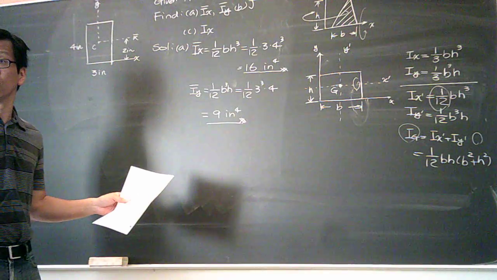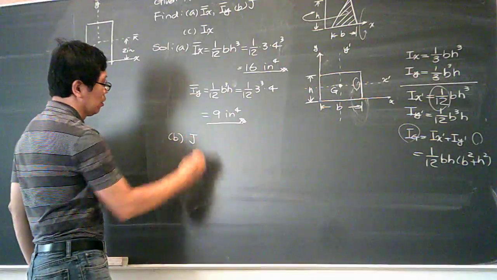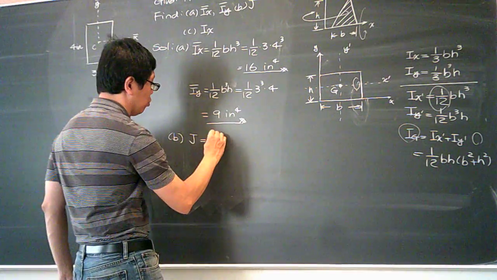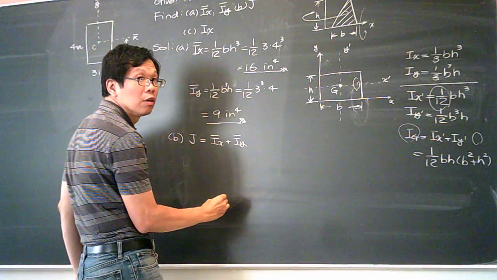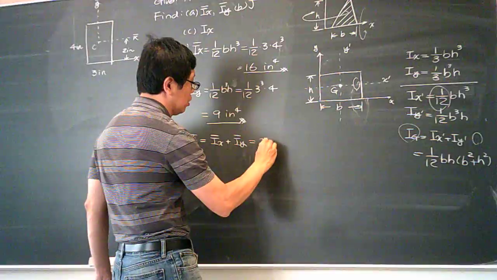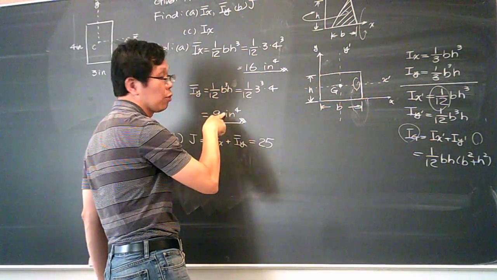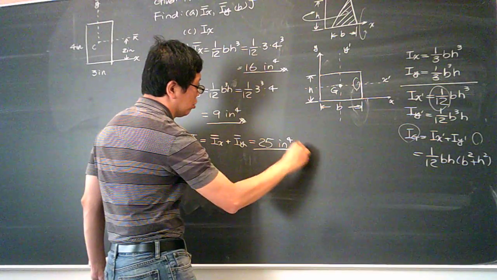So far, any question? Okay. B is going to be J, which is Ix plus Iy. What do I have? Just add this one together with this one. You get 25 to the fourth order.